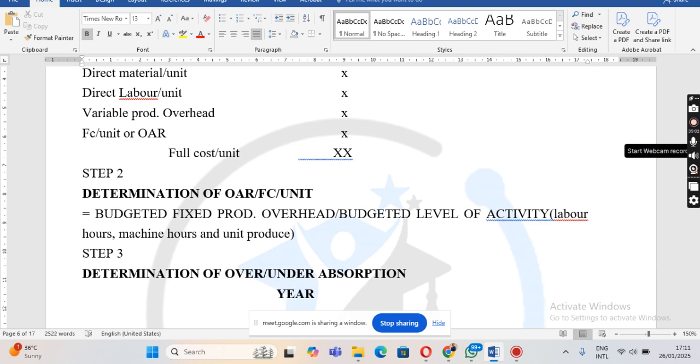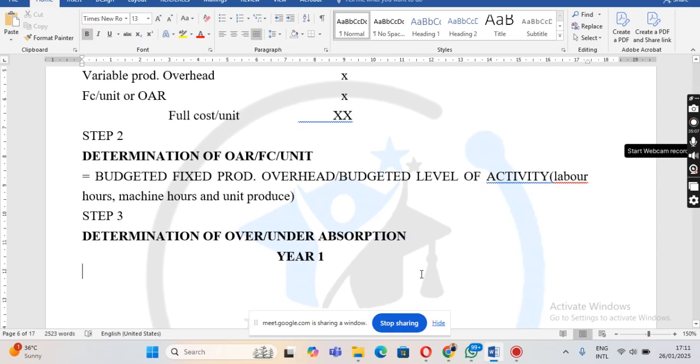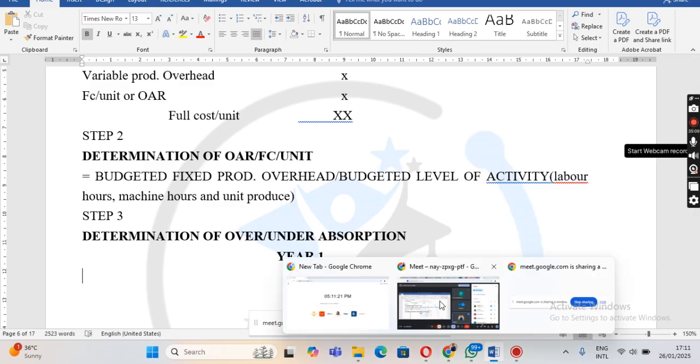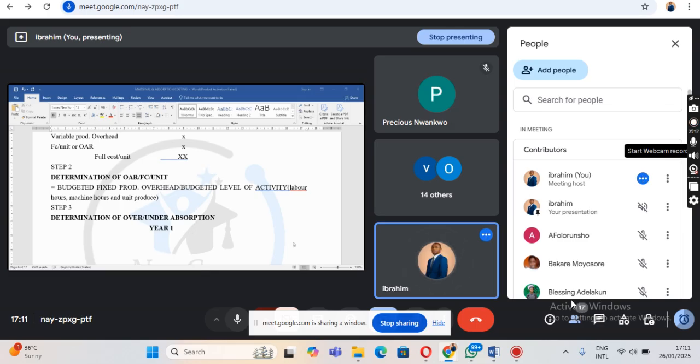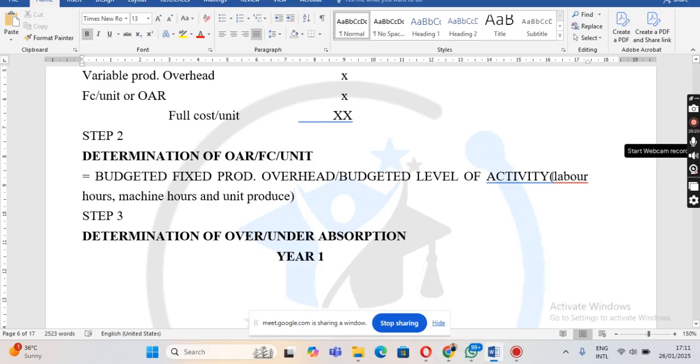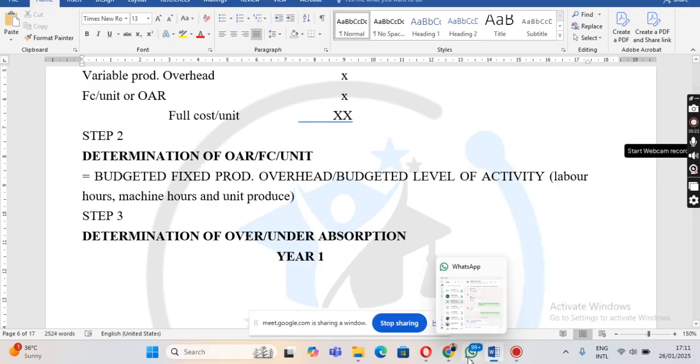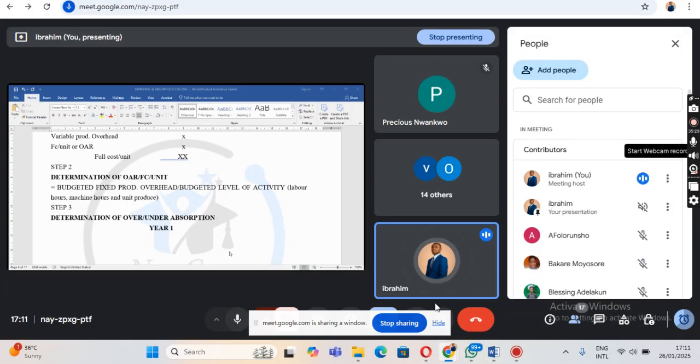Anything you do in the first year, do the same thing in the second year. Now, we want to determine whether it is over or under. Please pay attention to this part. It's very, very important. Research shows that this part gives students a challenge. If I explain and you feel you don't really get this part, you can cram it and move on. Probably later, you will understand why it is over or under absorption.